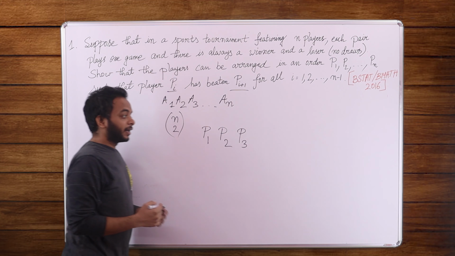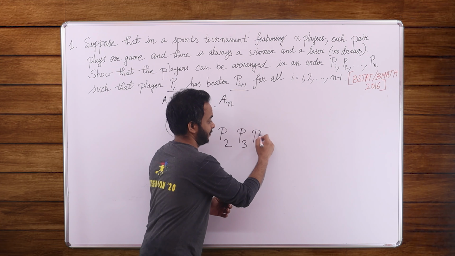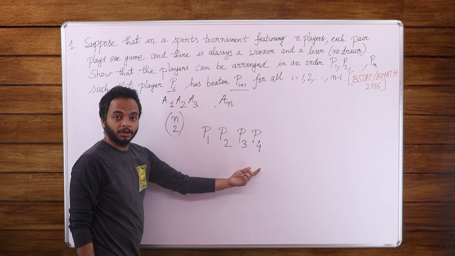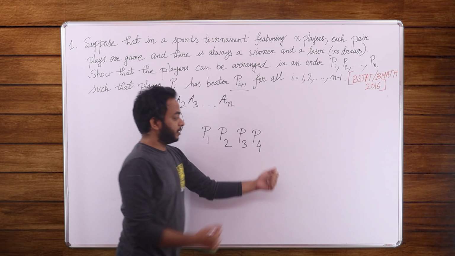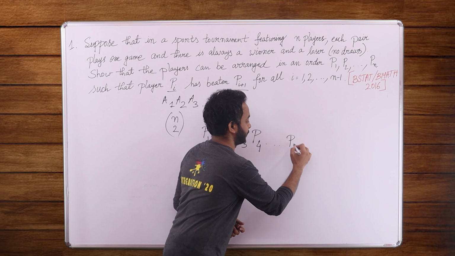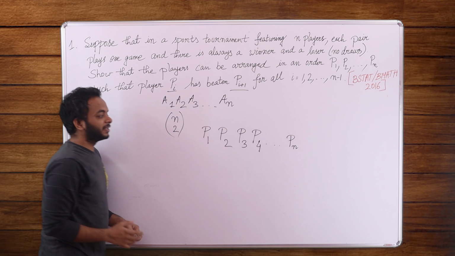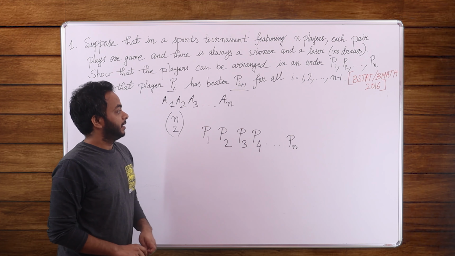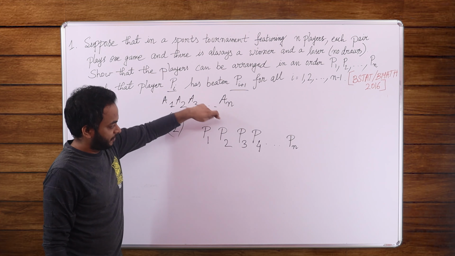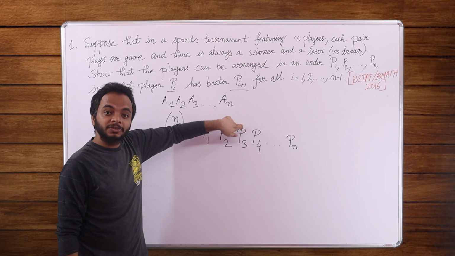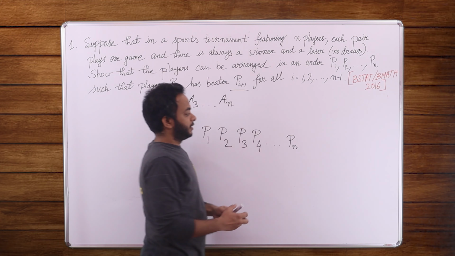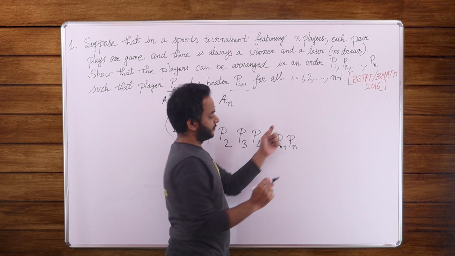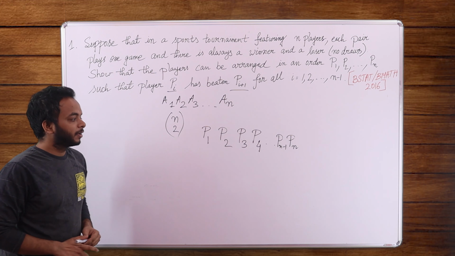Again, can I have another player P4 where P3 has defeated P4, and so on till Pn? So the question is whether I can arrange the players such that P1 has defeated P2, P2 has defeated P3, P3 has defeated P4, till Pn minus 1 has defeated Pn.